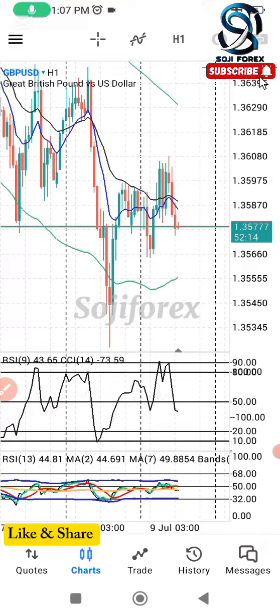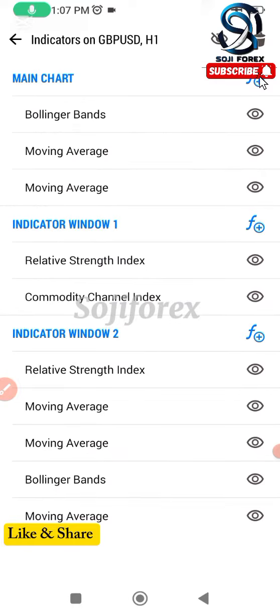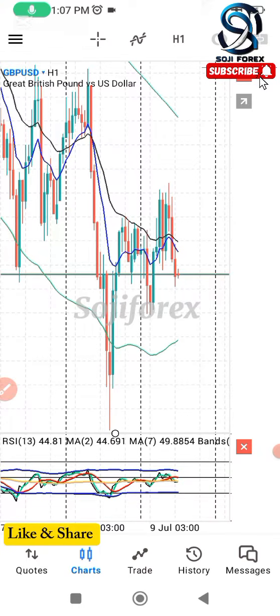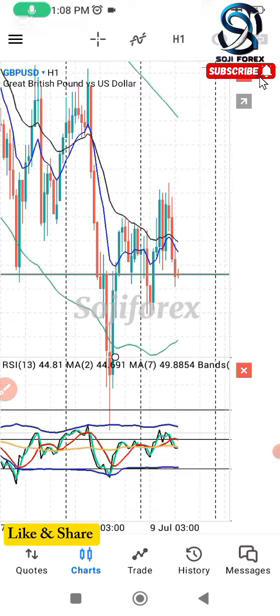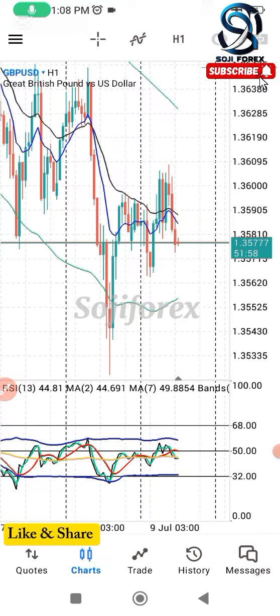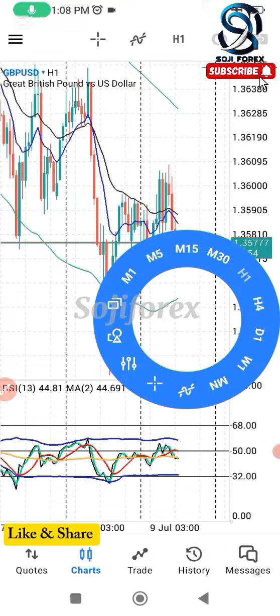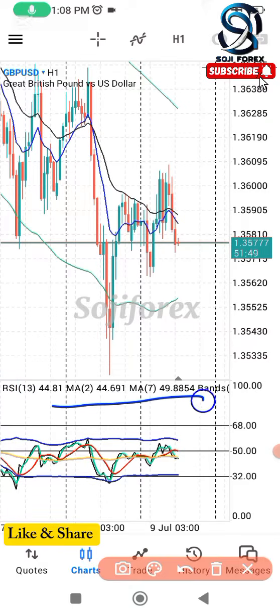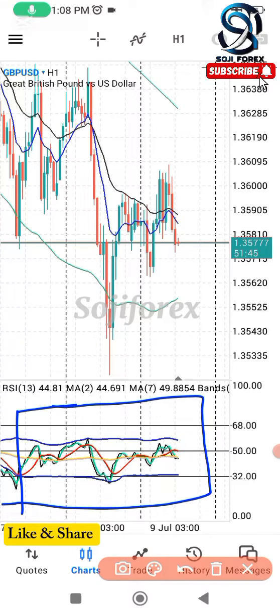So this is our commodity channel index. I'll go to my list of indicators and hide my commodity channel index for now. We are not using the commodity channel index, so what we want to look at is the Traders Dynamic Index. This indicator you are seeing on my chart now is what we refer to as the Traders Dynamic Index.